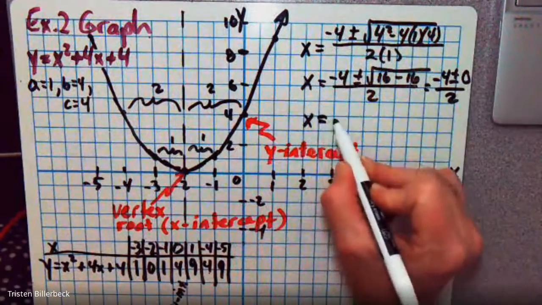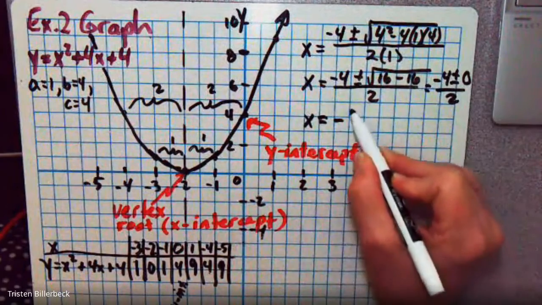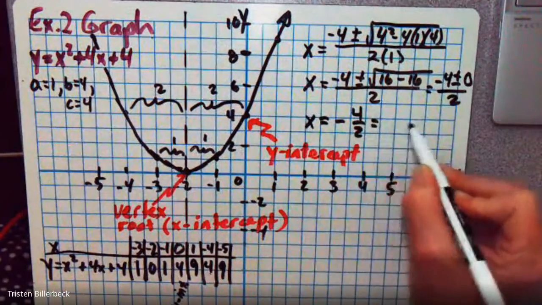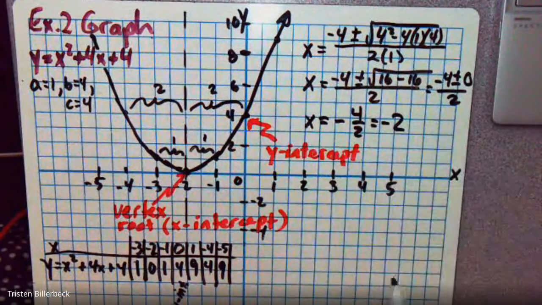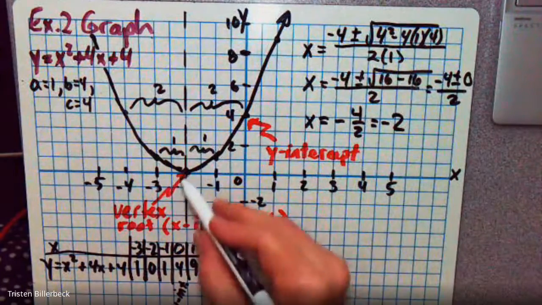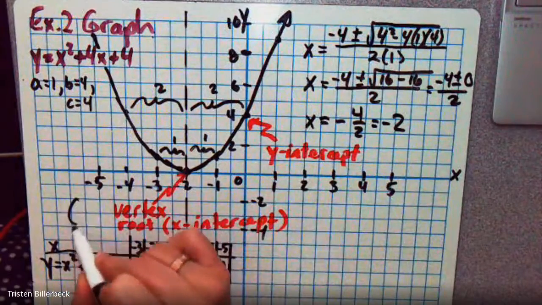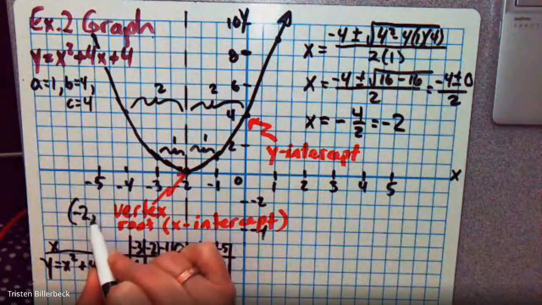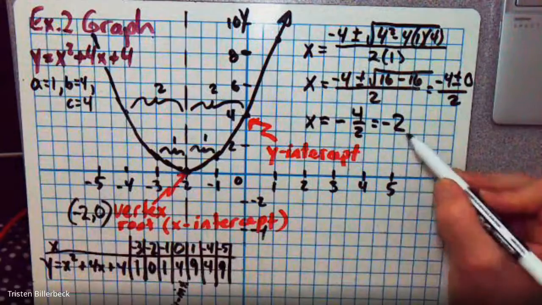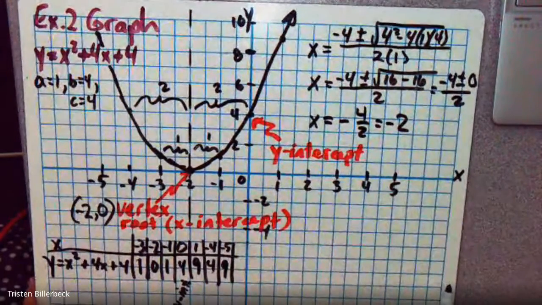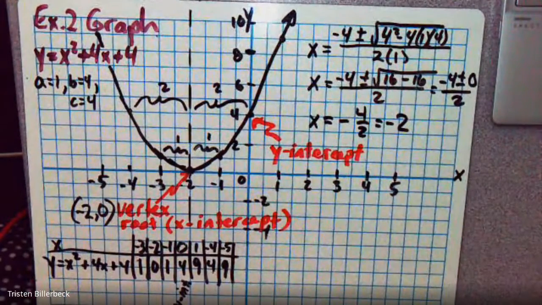So we get x equals -4 over 2, which is just -2. Well, isn't that what we found here, that this vertex occurred at -2, 0? And that's what we found using the quadratic. Okay, so that's how powerful this quadratic is.